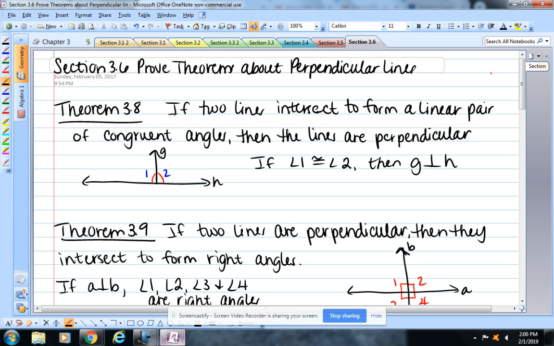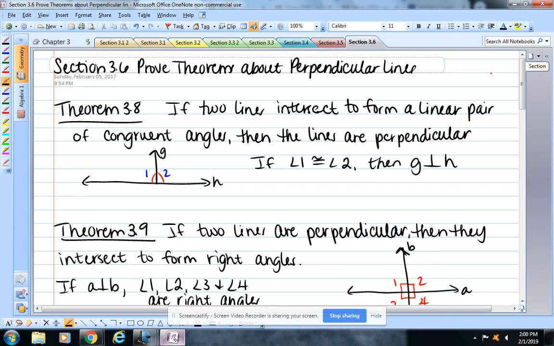How many degrees is in a line? 180. And if these two angles are the same measure, what do they have to be? 90. They have to be 90 degrees. Does that make sense? So if I have two lines that intersect to make 90-degree angles, then they have to be what kind of lines? Perpendicular. Right? So that's why this theorem exists.